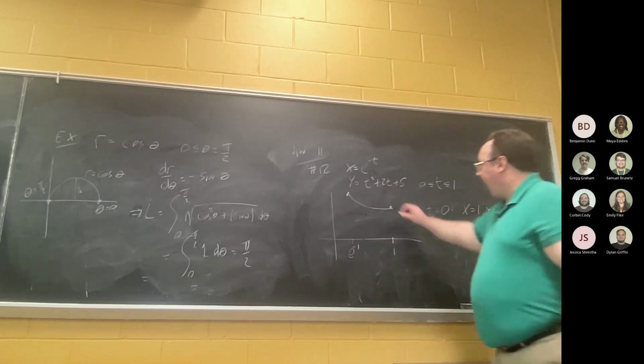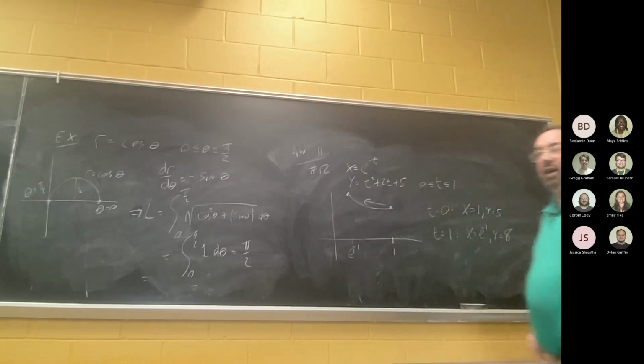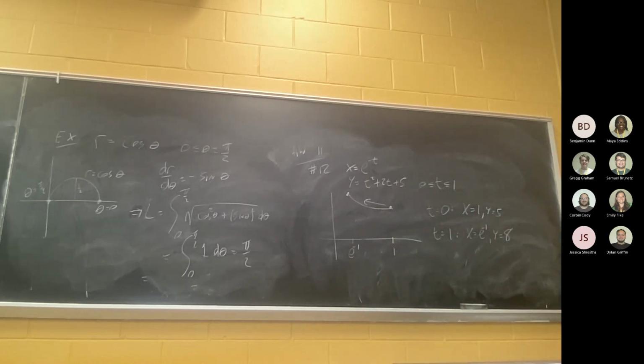One issue is that the curve is going this way. If you got the limits in the wrong order, you get a negative value and you just negate it. I don't know if that's what happened in your case.